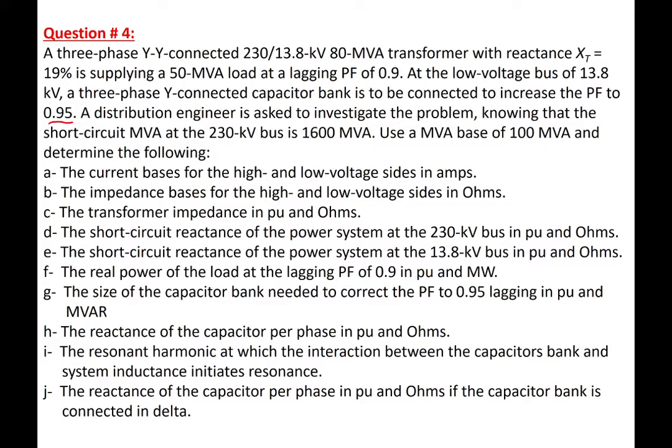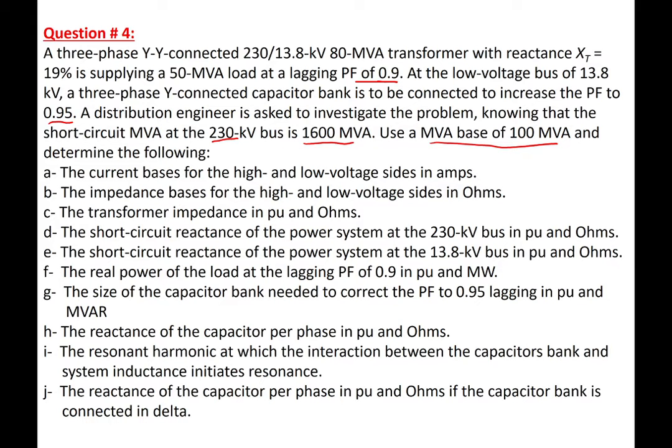So we have the initial power factor 0.9, but because we connect the capacitor bank, we are able to improve the power factor to 0.95. The distribution engineer is asked to investigate the problem, knowing that the short circuit megavolt ampere at the high voltage side is 1600, and he said use a base of 100 megavolt ampere to determine the following.